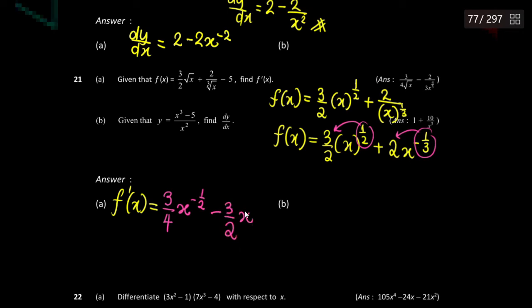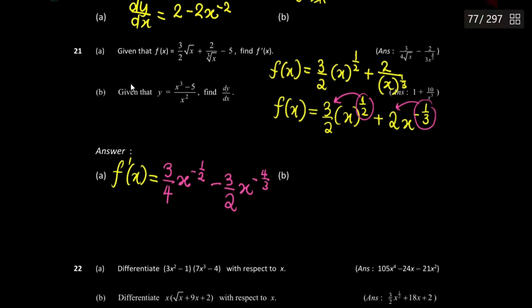Then here x will become negative 1 over 3 minus 1, negative 4 over 3. If the powers are negative, don't leave it like that. Bring it down. So it becomes 3 over 4 x power 1 over 2 minus 2 over 3 x power 4 over 3.